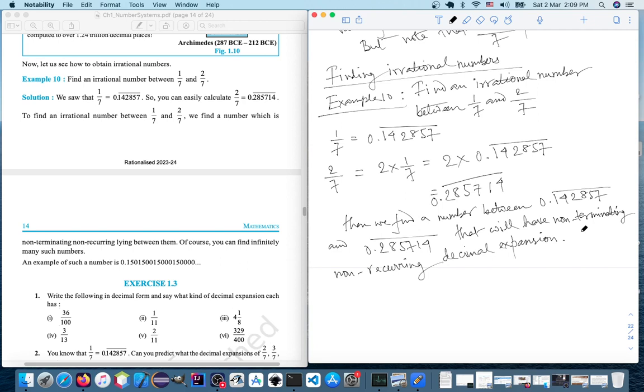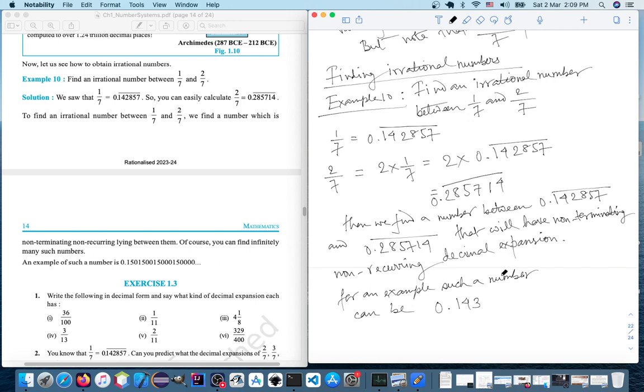There are many. So just for an example, such a number can be: we have to choose a number between 0.142857 bar, of course with a repeating bar, and 0.285714. So let's say we can have 1, 4, and over here we can have 3.